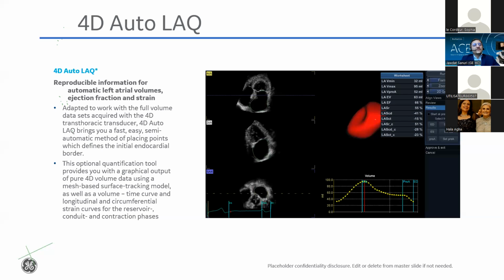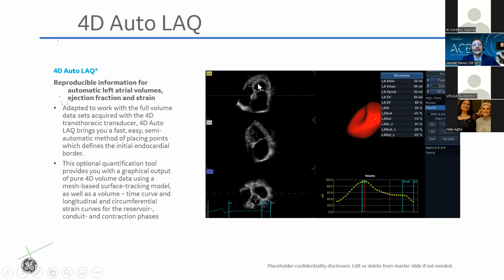Then we also have a tool which is called 4D auto left atrial quantification. And again, just like the RV, when we have a 4D acquisition, especially if it's transthoracic, the left atrium is easily within the area of interest, because no matter what your angle is, the LA is deep in the image where the width is maximum, so you almost always have the LA within the field of view.